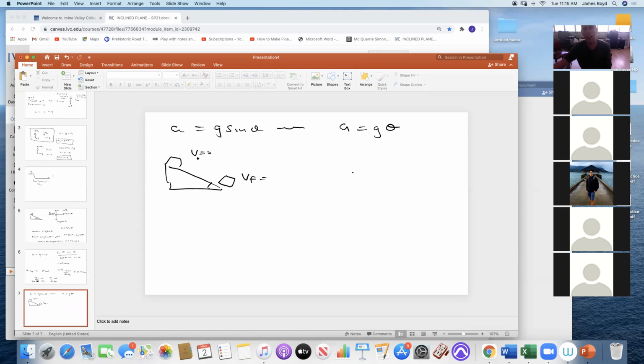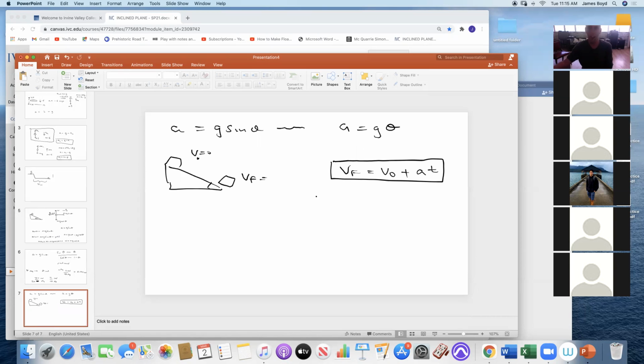Well, assuming this is constant, we have v final is v initial plus at. This is important for your exam too. Remember, this is the general form. If we're talking free fall or projectile motion, a is minus g. But this is the form for any acceleration.